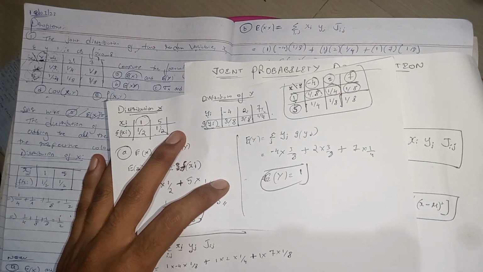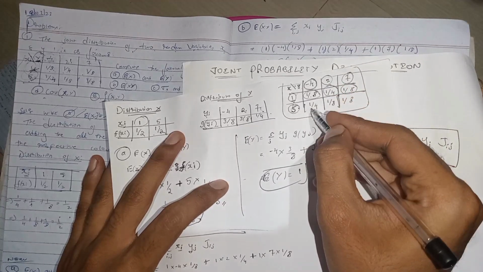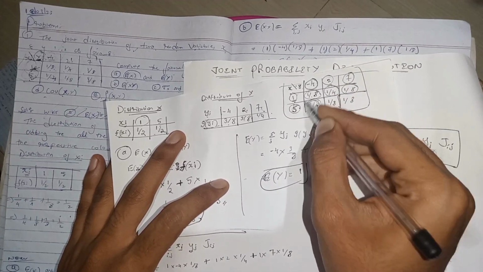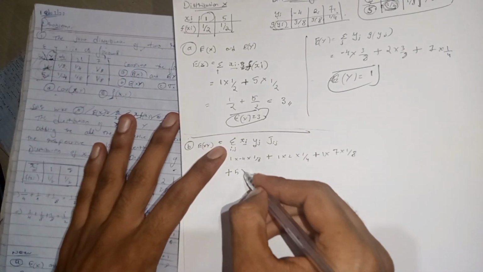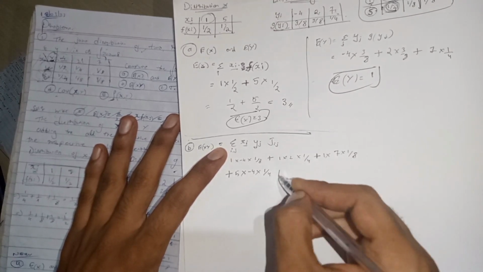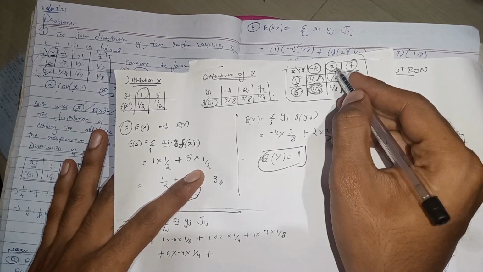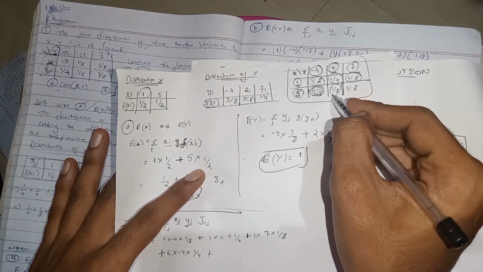Follow the same procedure: multiply it with your first y and the second row of your Pij. That means 5 into minus 4 into 1 by 4, plus again the second x and the second y multiplied by this, 1 by 8.